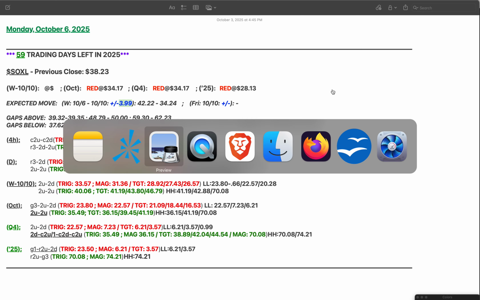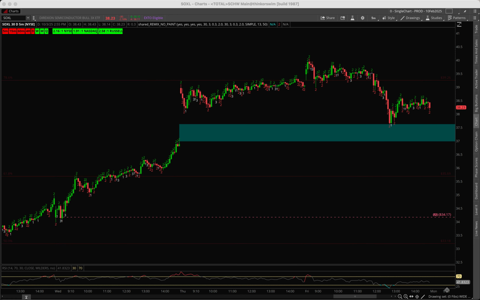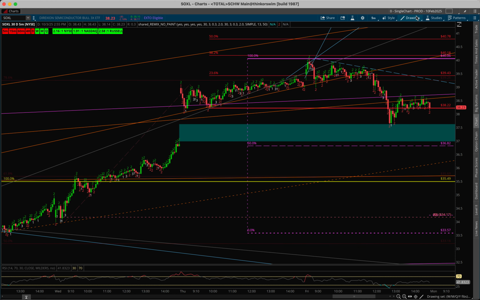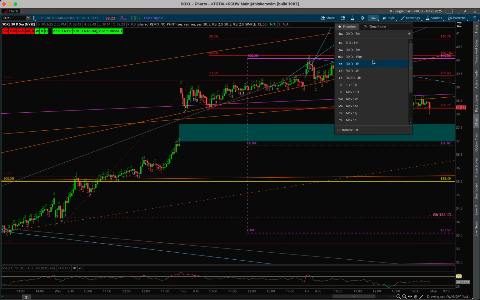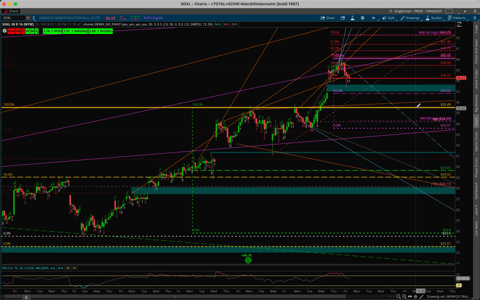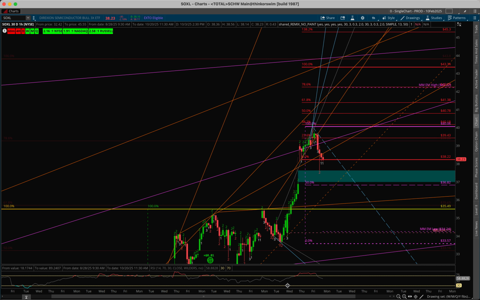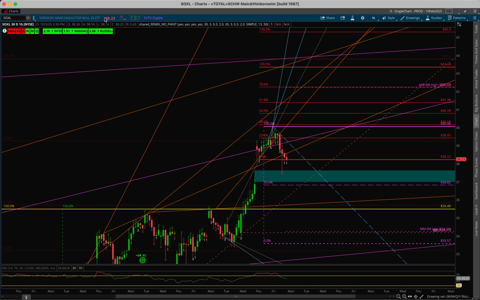So if we go back out to the chart, and let's just pull up the 4 hour, maybe, or just the 1 hour. There we go. We can see that we closed again today at 38.23.